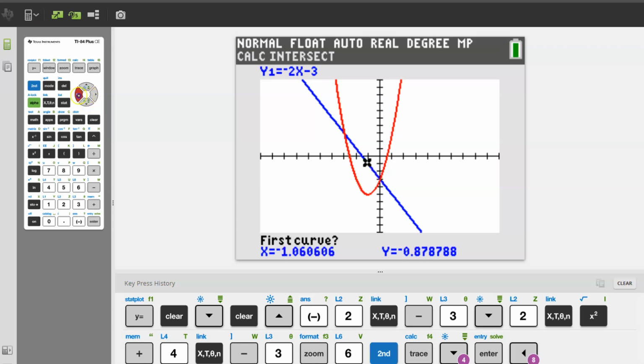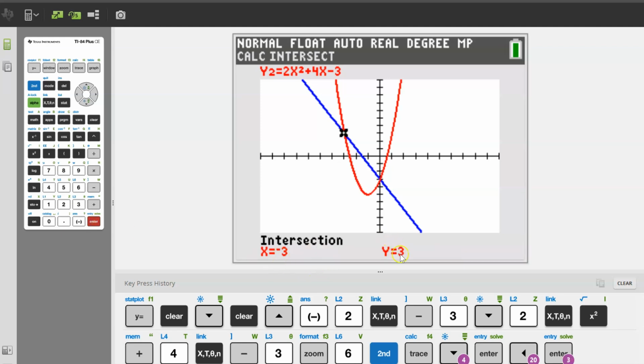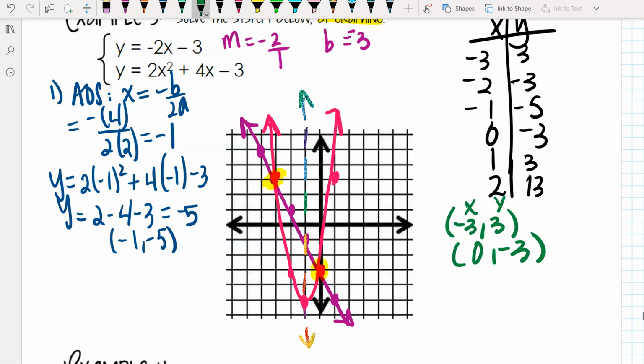I'm going to go to my first point on the left. Get as close as you can to where you think the intersection occurs, and hit enter until you get your intersection. And we do get -3, 3, which is our first point that we listed.